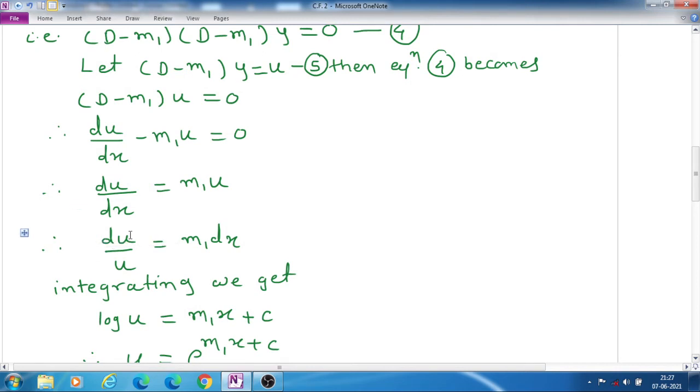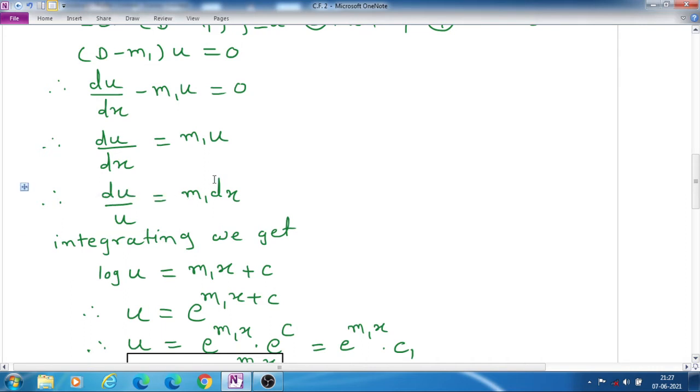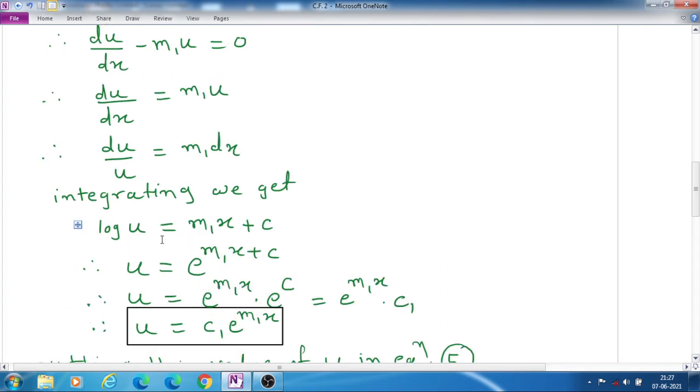Therefore du by dx is equal to m1 u. Taking u to the LHS and dx to the RHS, du upon u is equal to m1 dx. Now we can integrate this. The integral of du upon u is log u, and the integral of m1 dx is m1x.